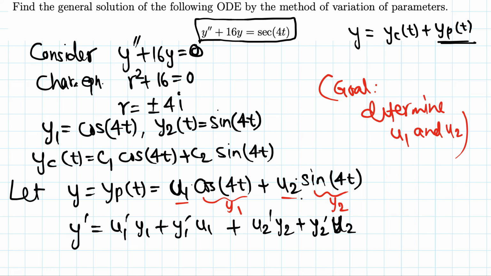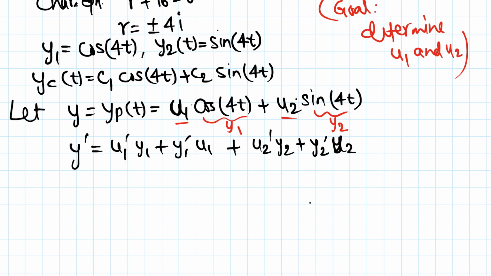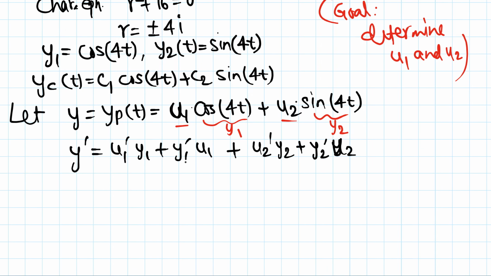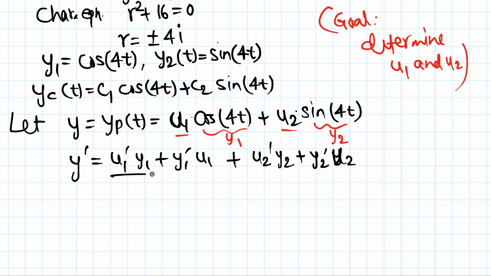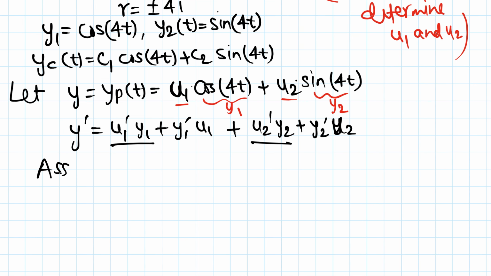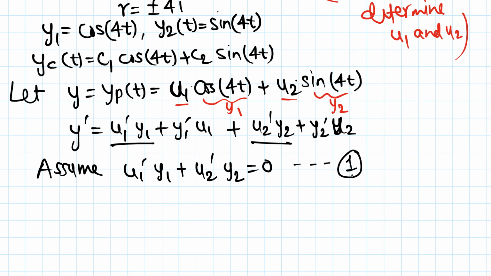To make our life easier, u1 and u2 are unknown, so let's say the terms with their derivatives sum to 0. So u1 prime y1 plus u2 prime y2 equals 0, and I'm going to call this equation 1 for future reference.